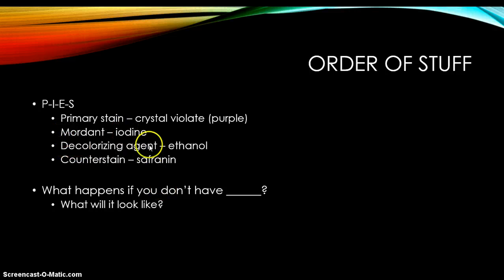If you don't add the mordant, all of the dye is going to get washed out, because that primary stain was small enough to get through that thick layer of peptidoglycan in the gram-positive bacteria, and so if you don't add that mordant, it's also going to be small enough to get back out of that peptidoglycan matrix. And so again, all of them are going to be safranin colored.